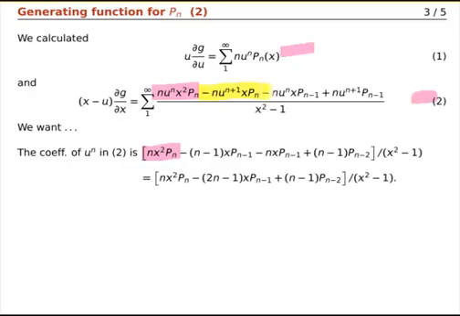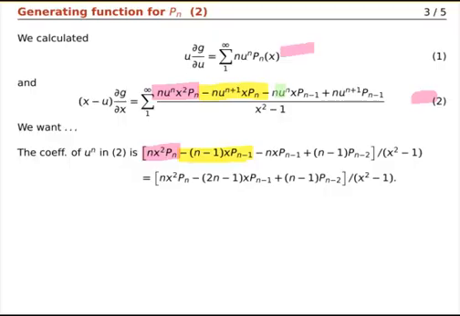Now let's look at this second term. The coefficient of u to the n plus 1 is n x Pn, so the coefficient of u to the n is got by replacing n by n minus 1, so it's minus n minus 1 x P sub n minus 1.